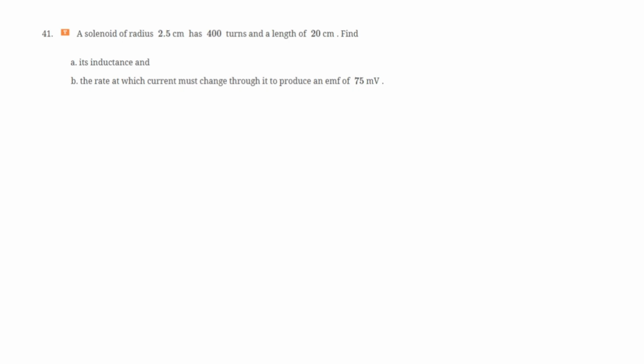right? And then the length of the solenoid is 20 centimeters. 20 centimeters is the same as 0.20 meters, right? Now, what else do we know? We have 400 turns.